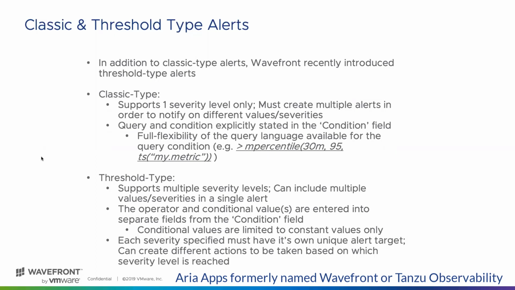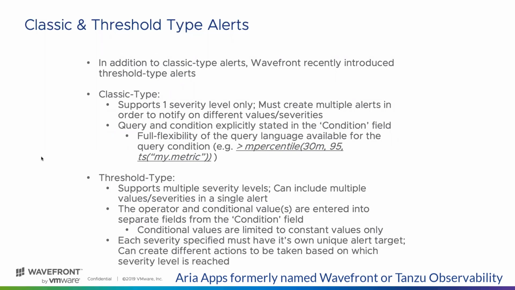In a classic alert, you put a condition on your query, in a simple case, something like TS memory greater than 50 gigs. So we don't want the memory to go above that. That means that you have one threshold that drives one alert, and you define whether that alert be a warning kind of alert, a severe alert.